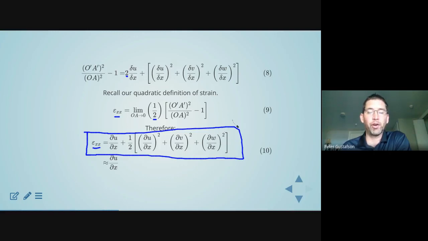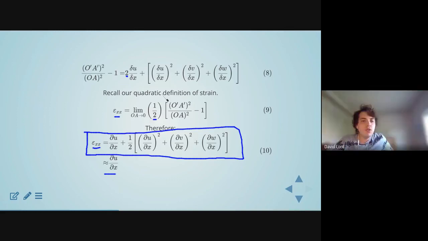They go to 0 in the limit of small strain, small deformations. However, when we have larger deformations, we cannot neglect them. So we have to retain all of this for larger deformations. But for smaller deformations, like we gave you as freshmen or sophomores, the expression we previously gave you is perfectly adequate.